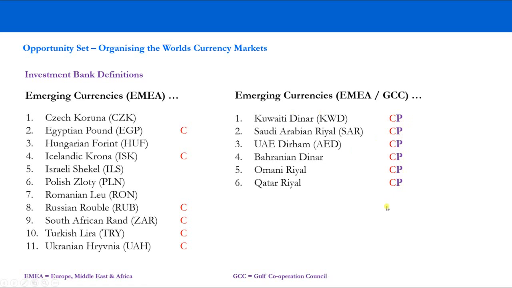The P stands for pegged, and this is a Forex regime. We're going to look more closely at Forex regimes in video number 2. But for now, we just need to know that there's two main Forex regimes. The first one is a floating regime where a country's currency has the ability to float freely against all other currencies in the world.